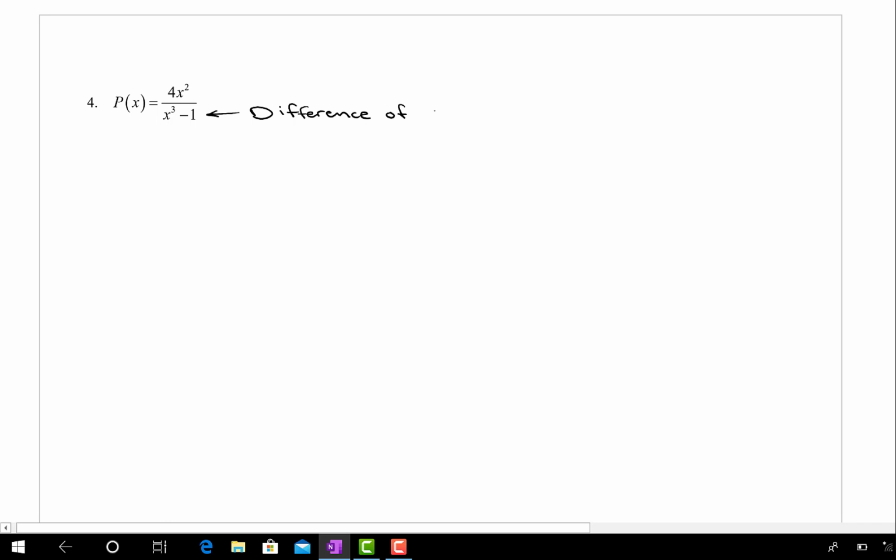This is the difference of 2 cubes. So that formula, hopefully you guys remember it from factoring. We've discussed all our factoring techniques earlier on in the semester. a cubed minus b cubed is equal to the quantity a minus b times the quantity a squared plus ab plus b squared.